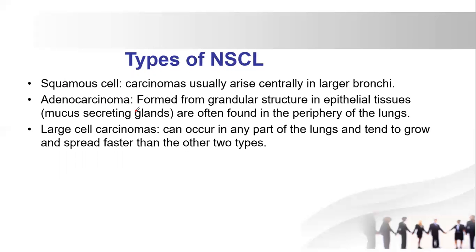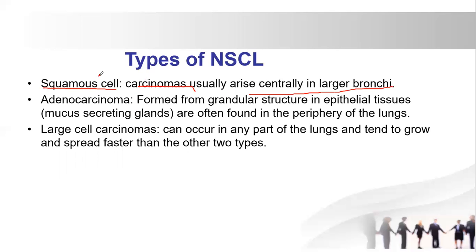Now, there are further subtypes of non-small cell lung cancer. When the squamous cells become cancerous, it is called squamous cell carcinoma, which usually arises centrally in the large bronchi.